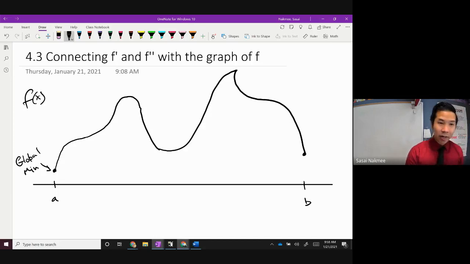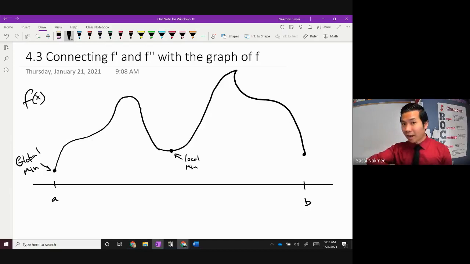It's occurring right there. Whereas this point right here, we would say is a local minimum. It's the low point for everything locally around it, but it's not the absolute lowest. It's not the global lowest, it's not the absolute minimum.